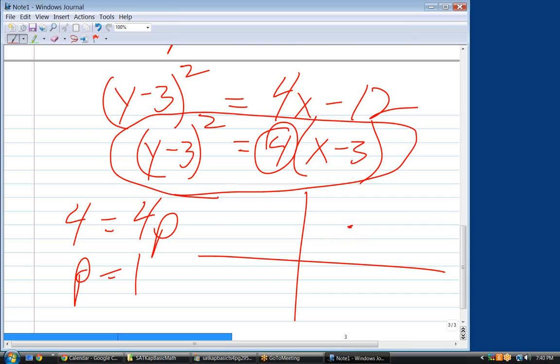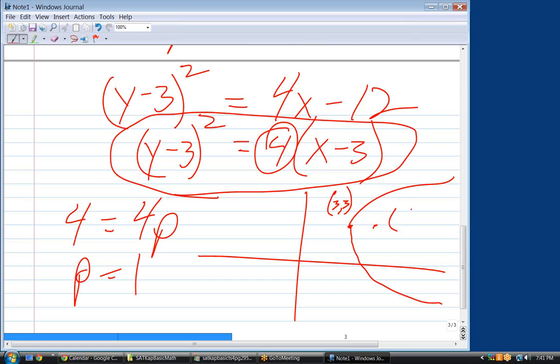Yeah, because this is y minus k and x minus h. So our vertex is at 3, 3. We know it opens to the right because p is positive. In other words, if this is our vertex and p is 1 unit to the right, then this has to open to the right. Okay? Yeah. So our vertex is at 3, 3.